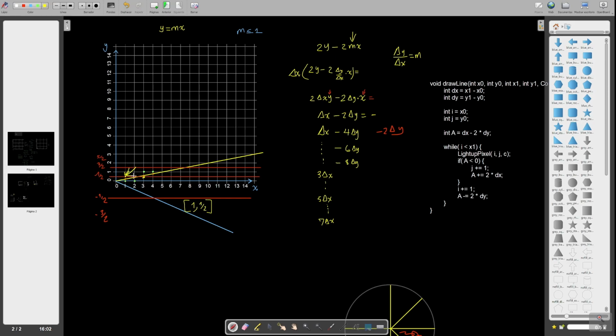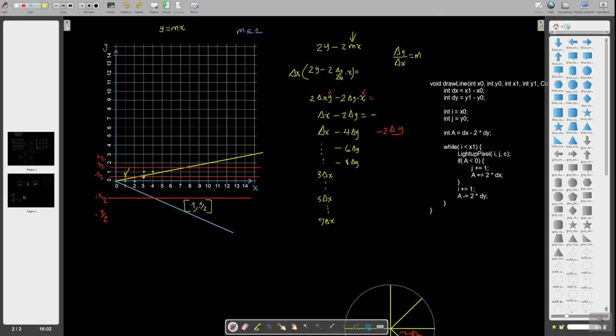The first point I'm going to test in this evaluation equation is the negative, just to check if this line has already gone below this point.